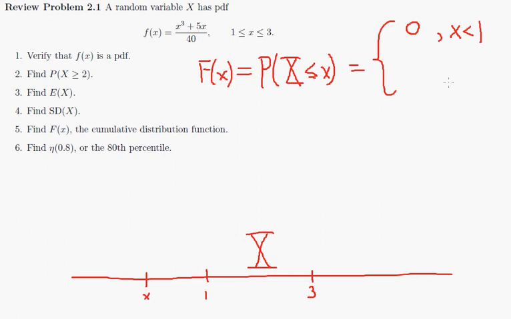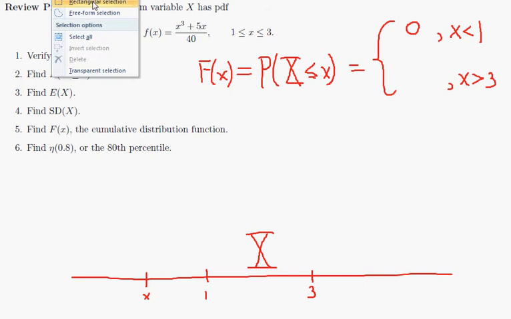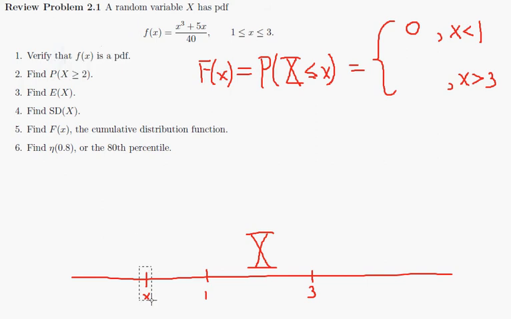So that's one extreme. The second extreme is the case where x is greater than 3. So for this picture, we'll take this off. And what I have is that little x is now over here, to the right of 3 someplace.